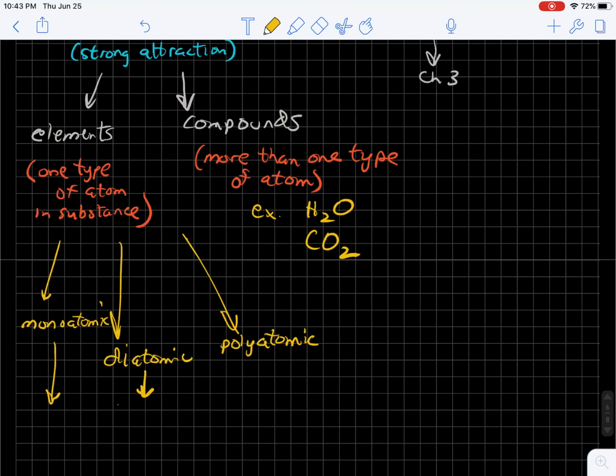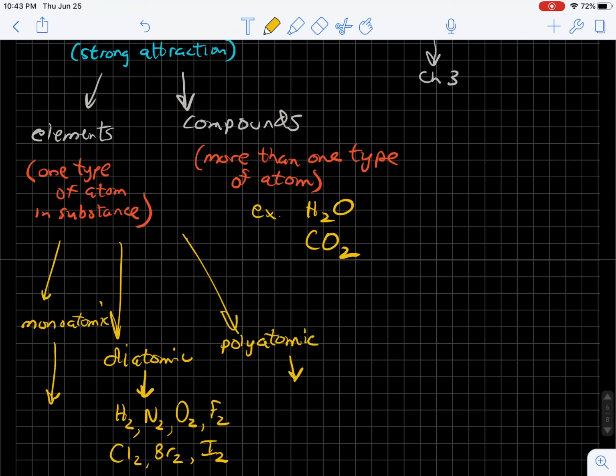There are only 7 diatomic elements. There's hydrogen, nitrogen, oxygen, fluorine, chlorine, bromine, and iodine. There are 2 polyatomics, which means more than 2 atoms.